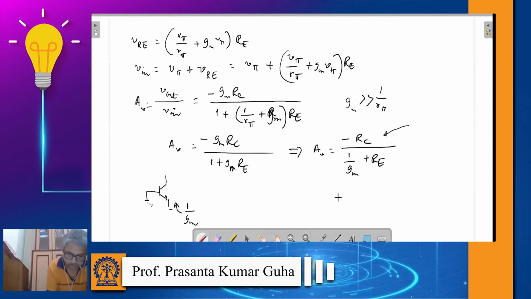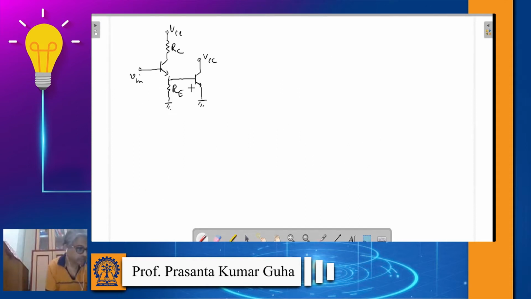Say, for example, if I have two transistors connected like this, then what will be the gain?